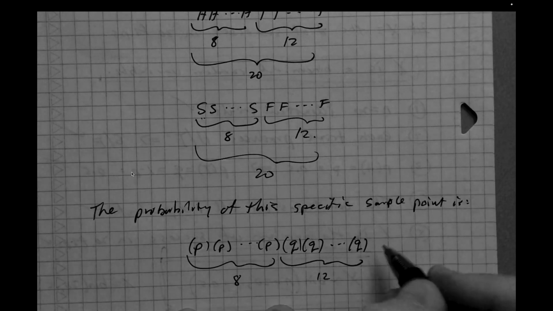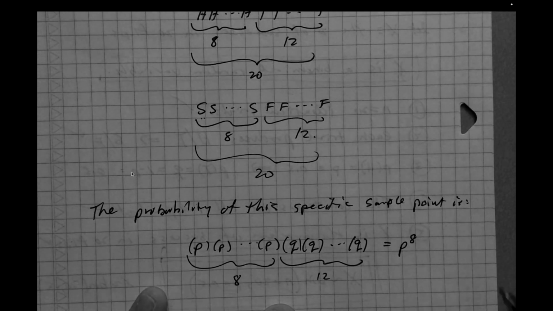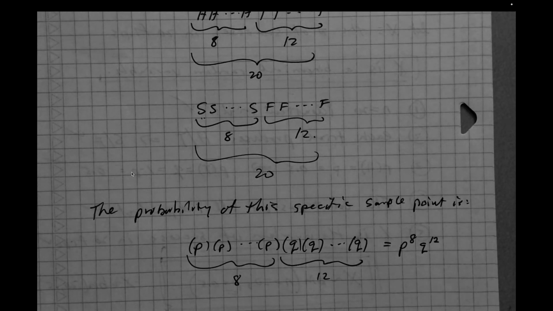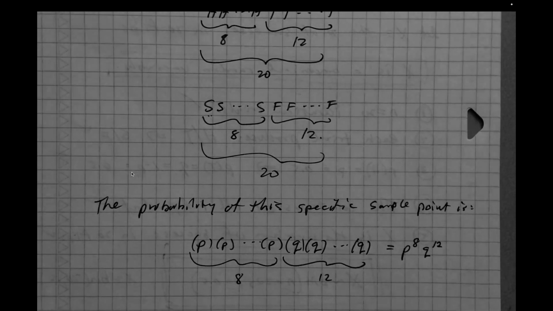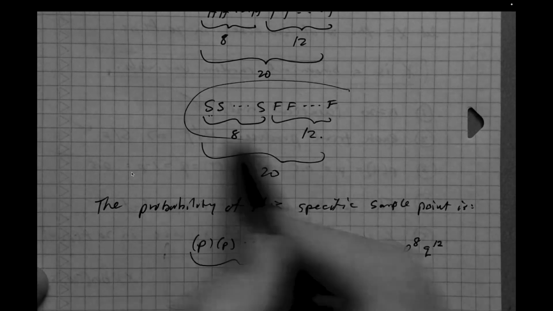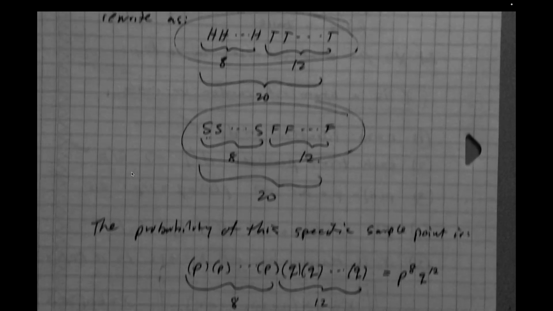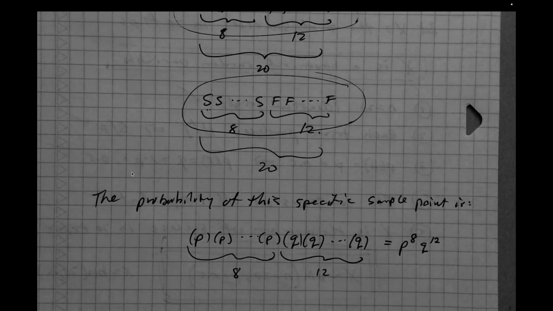Okay, and so you can write that as P to the 8th power and Q to the 12th power. So that's the probability of this specific sample point, right? This one right here. Now clearly the order in which we multiply these together does not matter, right?